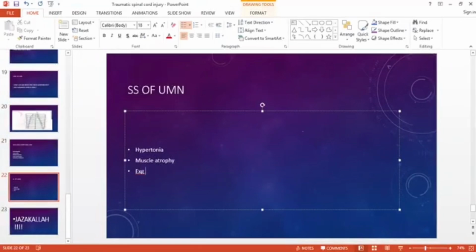And now what will happen to the superficial reflexes? No, they won't be exaggerated. They will be absent again here. Manahil is right this time. Absent superficial reflexes.